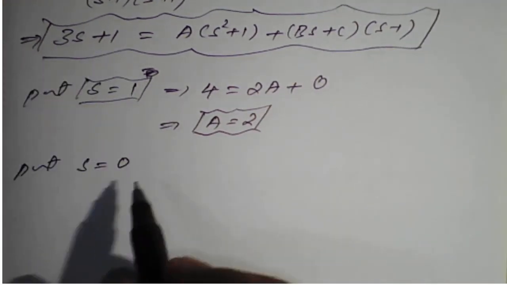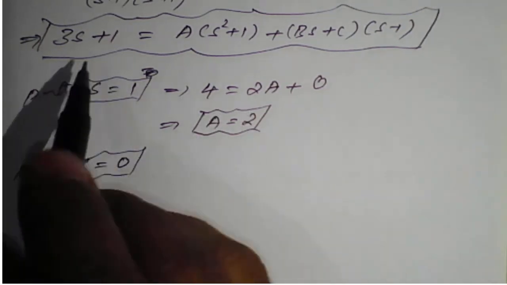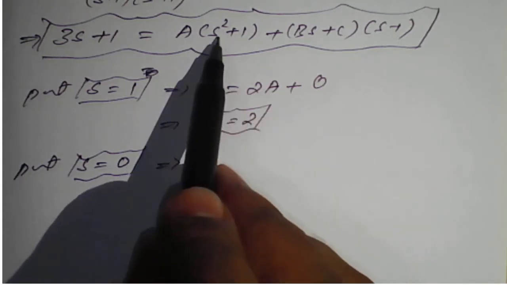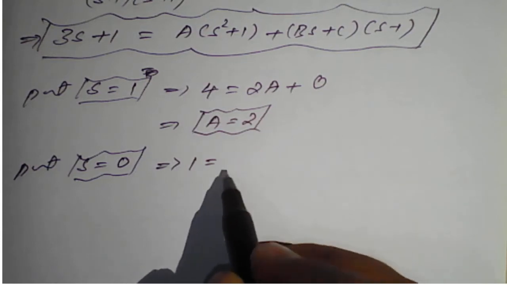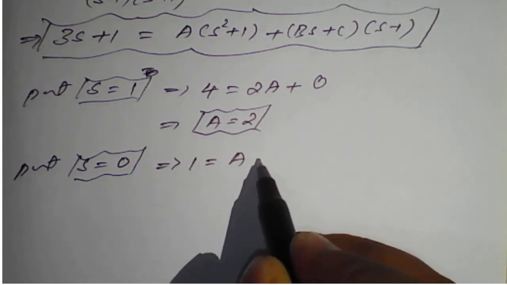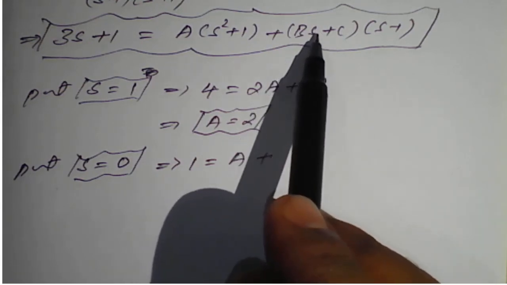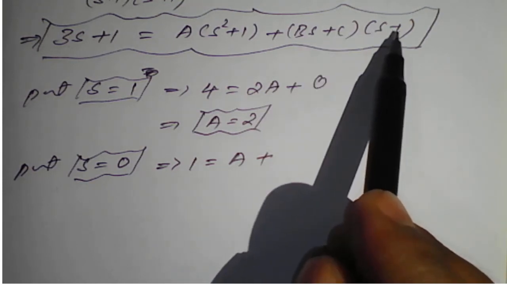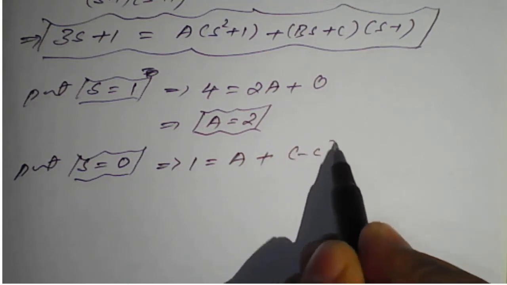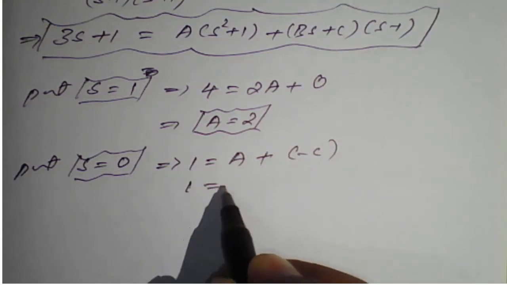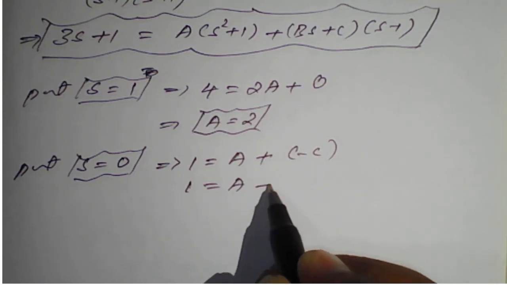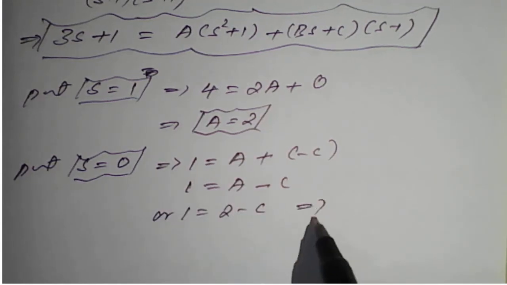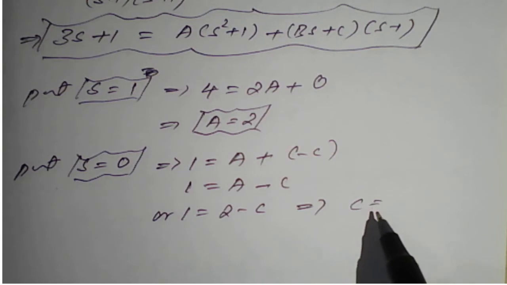So I will put s is equal to 0. 3 into 0 is 0, 0 plus 1 is 1, which is equal to A into 1, plus B into 0 is 0, plus C into (0 minus 1) which is minus C. Therefore 1 is equal to A minus C, and since A is 2, 1 is equal to 2 minus C, which implies C is equal to 1.